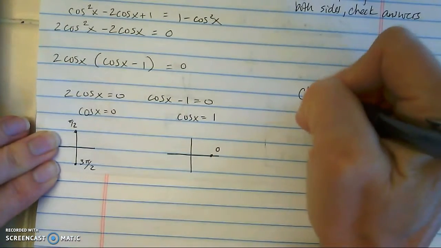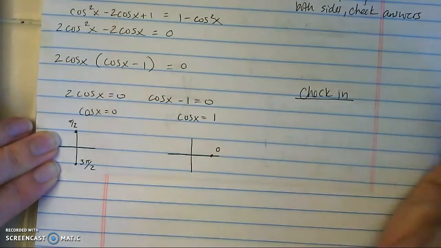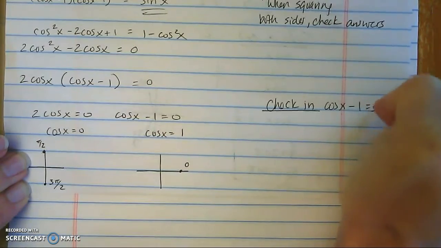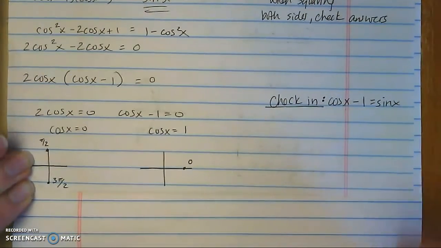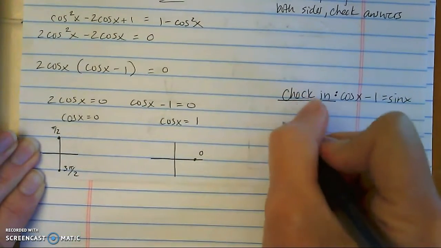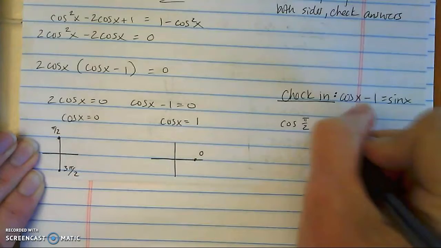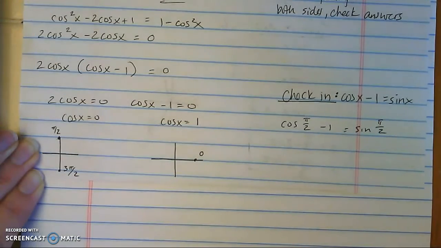You have to check in the original problem, which is cosine x minus 1. Before you square it, you got to check it in this. All right, so for pi over 2, let's check this one. Is the cosine of pi over 2 minus 1 equal to the sine of pi over 2? Well, let's see.